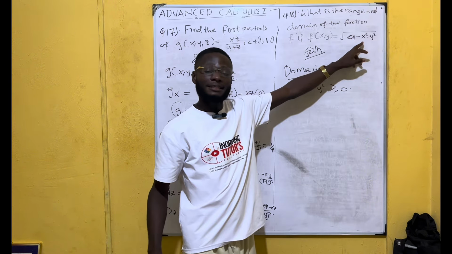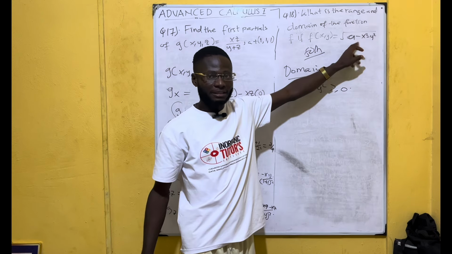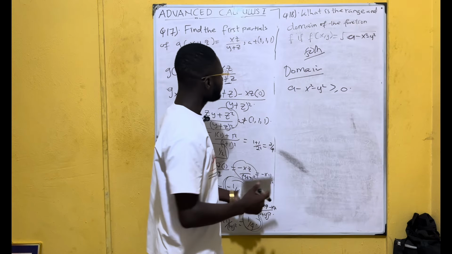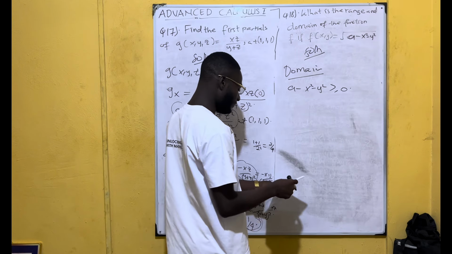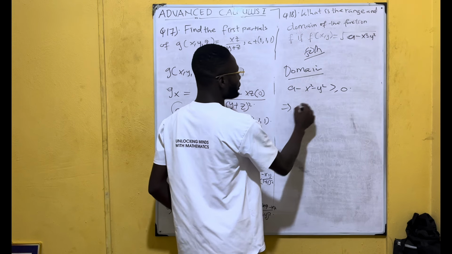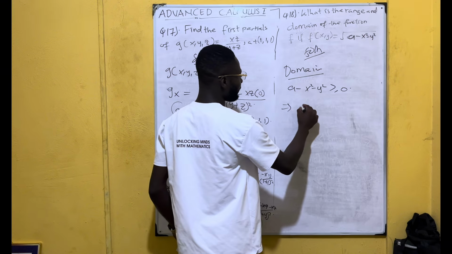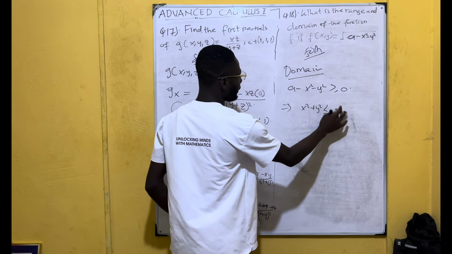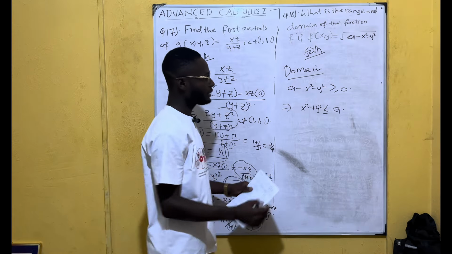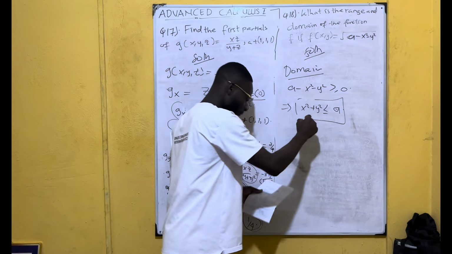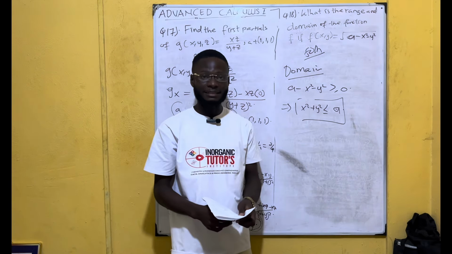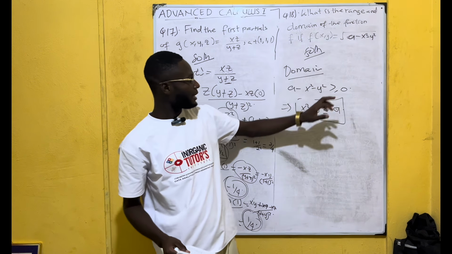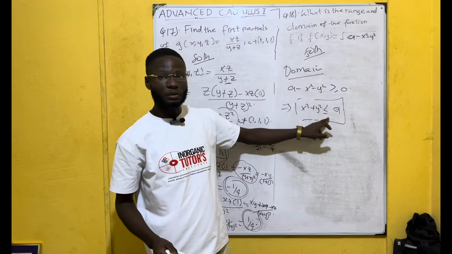Because if you have anything less than 0, you're going to have complex numbers, and we are not interested in that in calculus at the moment. So we change the sign, and then we are going to have x squared plus y squared less than or equal to a. So this is what we have as our domain.